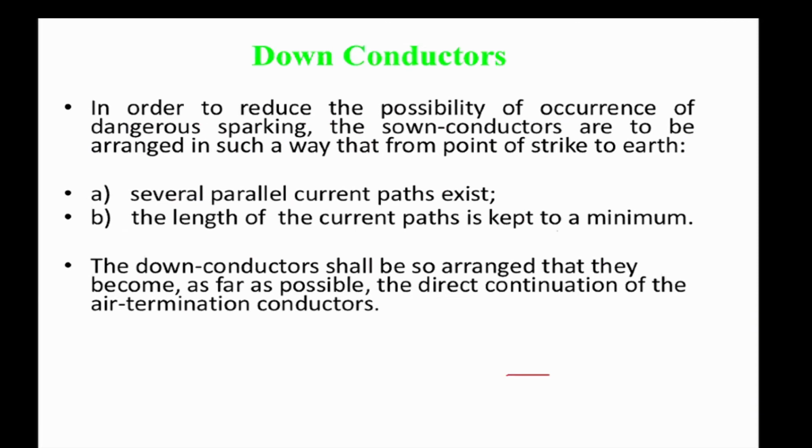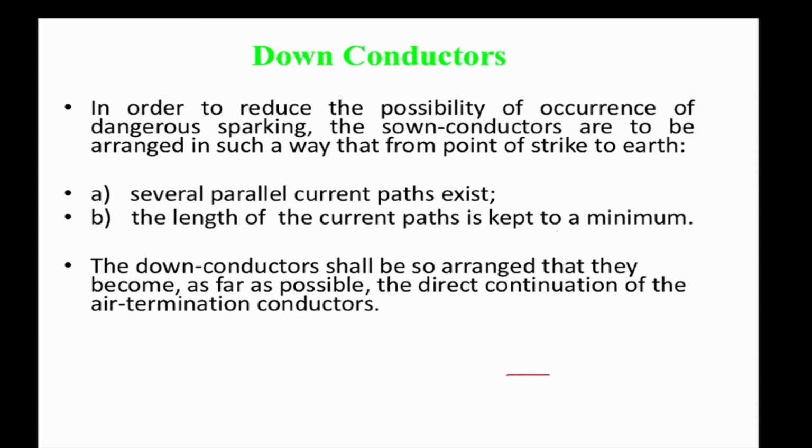And then we are going to the down conductors. When you are implementing down conductors, make sure that there are several parallel current paths. It's quite dangerous to have a single down conductor. The usual recommendation is that you always need 2 down conductors, and the length of the current path is kept to a minimum. So have your down conductor as straight as possible.